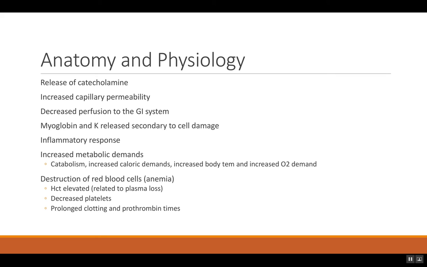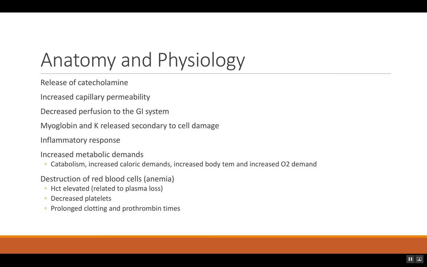Myoglobin and potassium are released secondary to the cell damage. You have the inflammatory response, which we just talked about. With the increased metabolic demands, you're going to have to look at the caloric intake of the patient, making sure you have early intervention with nutrition, and also making sure you have a supply of oxygen for the oxygen demand. There's also the destruction of red blood cells.